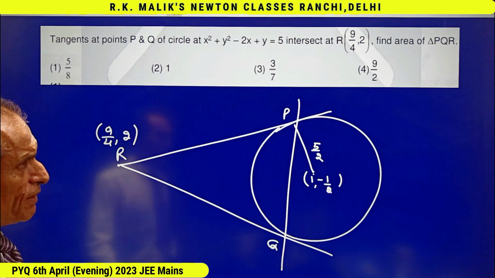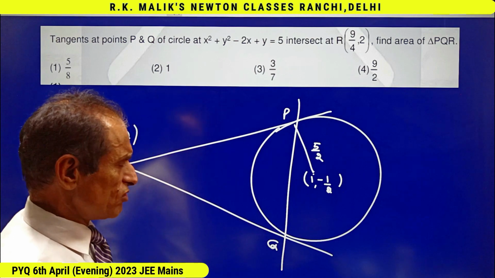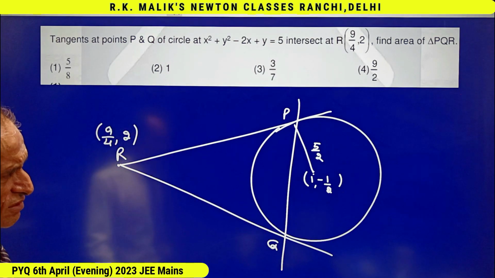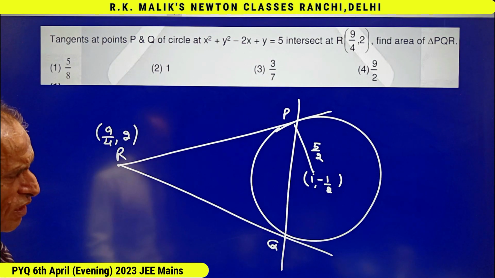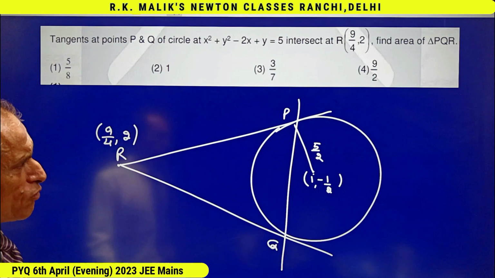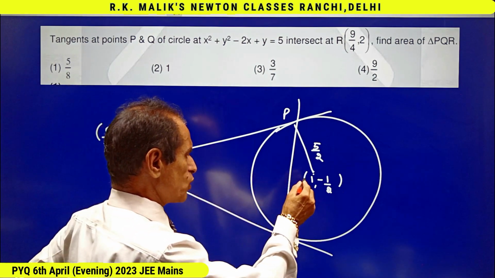But the answer will remain same, because in answer we are dealing with area only. By shifting of axis or by rotation of axis, area or length etc. never change.